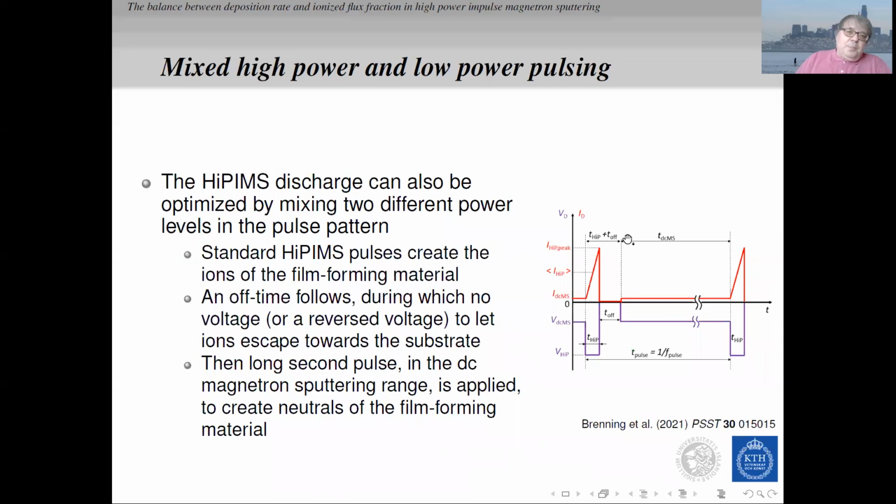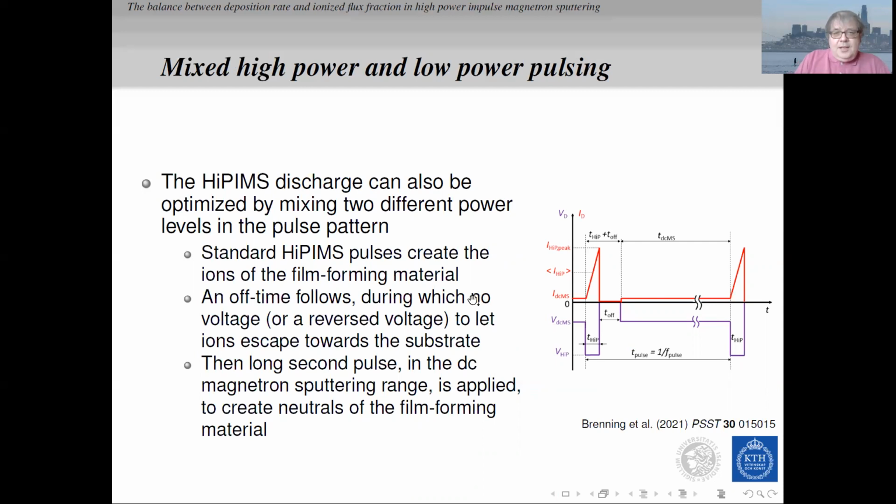We have also explored how the HIPIMS discharge can be optimized by mixing 2 different power levels in the pulse pattern. We can apply a HIPIMS pulse to basically create the ions of the sputtered species, and then run at the DC level to create neutrals to increase the deposition rate.